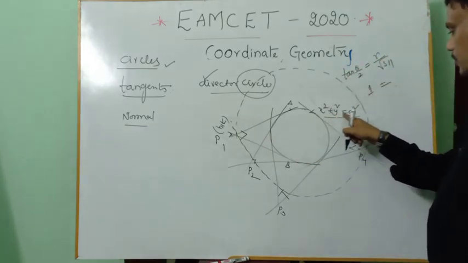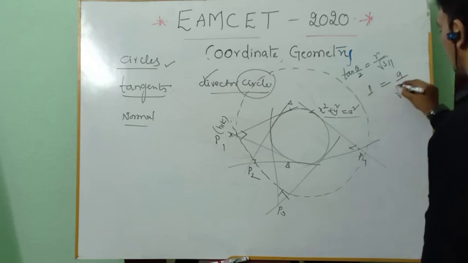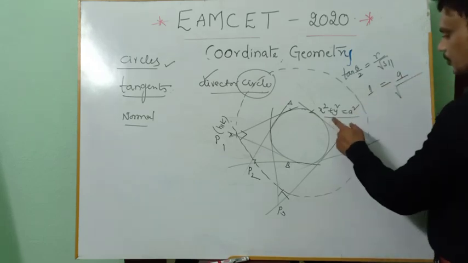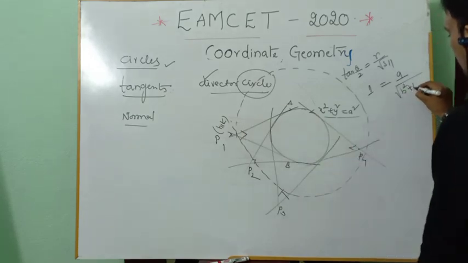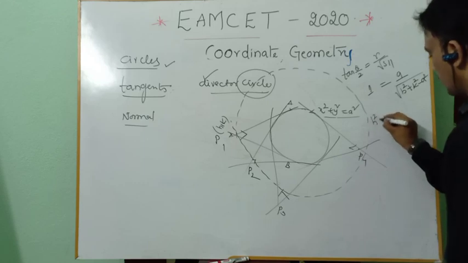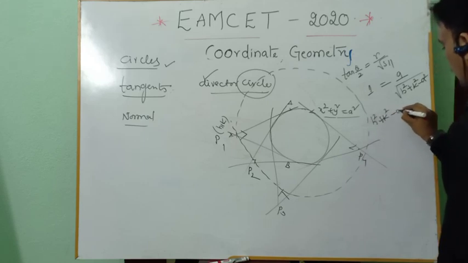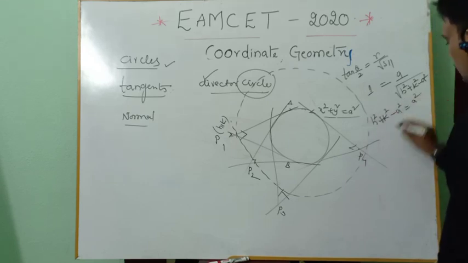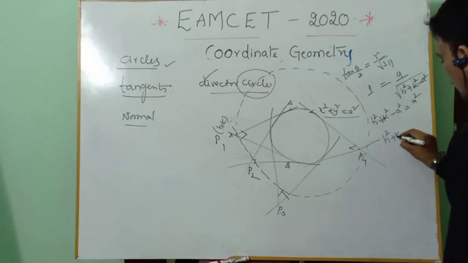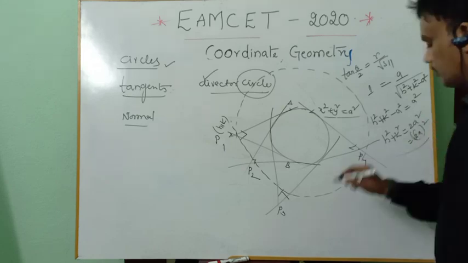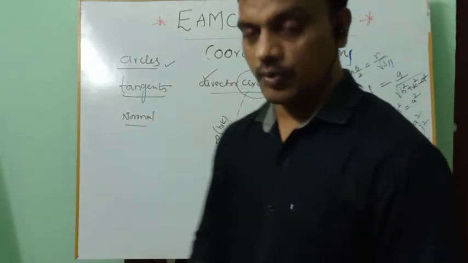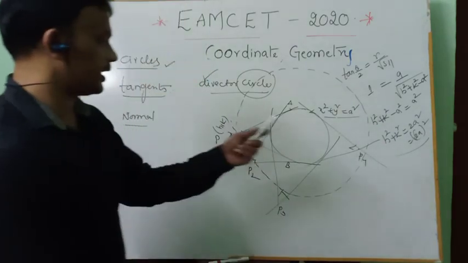For the circle, the center is (0, 0), the radius is a, and S11 for the point (h, k) is h² + k² − a². By simplifying, h² + k² − a² = a², so h² + k² = 2a², which is (√2 a)². This is the equation of the director circle.